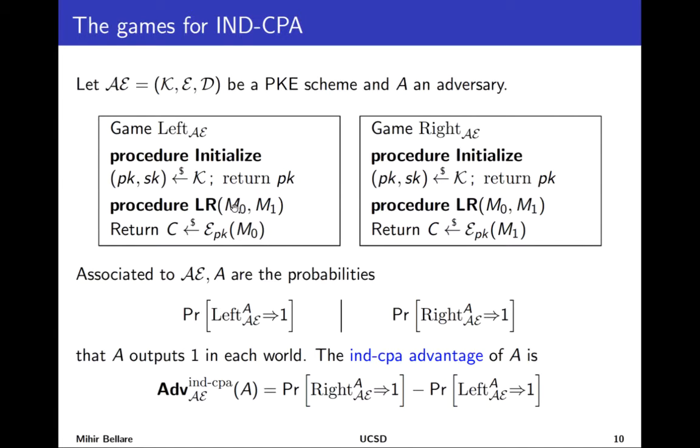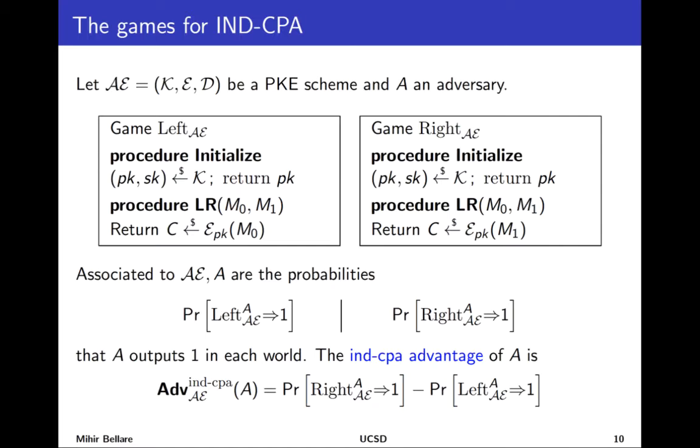Now, what the games do is run this encryption algorithm with this public key to encrypt a message, and the only difference between the games is that in the left game the left message is chosen, and in the right game the right message is chosen. This reflects that encryption may be randomized. Every time you encrypt, it picks fresh coins. So even if you encrypt the same message twice, you wouldn't get back the same thing.